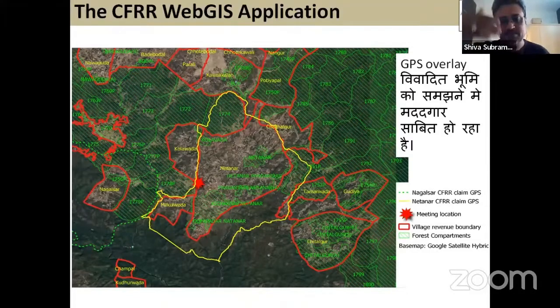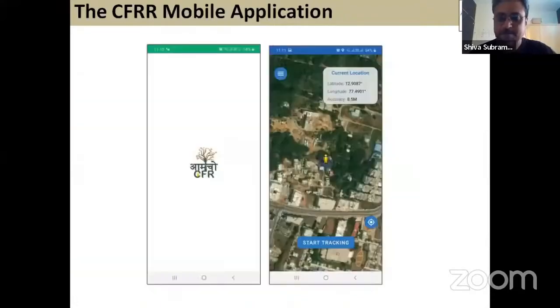The claims which are processed are open to the local communities, so that they know exactly what their areas of CFR claims are. And then this is our front end, the Android app that we use for uploading the CFR claims. Apart from the geographical context that is attached to the CFR data, this also uploads the claim boundaries, so that even the government has records for all of this.